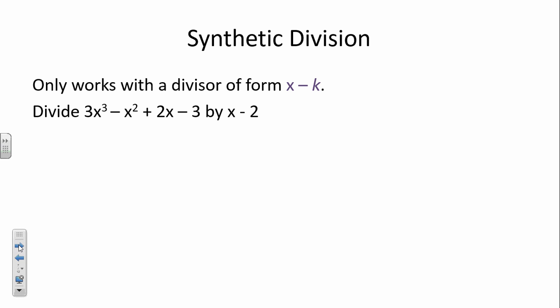Synthetic division now is only going to work when, like I said, we have a linear divisor. It has to be x minus k or x plus some number. X has to be to the first power. So this time we're dividing 3x cubed minus x squared plus 2x minus 3 by x minus 2.